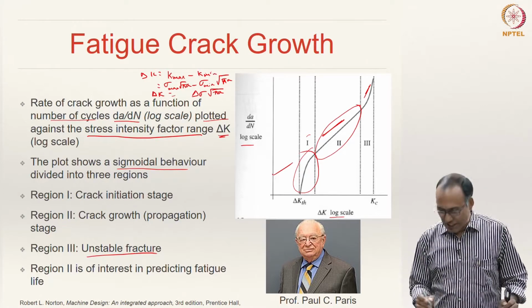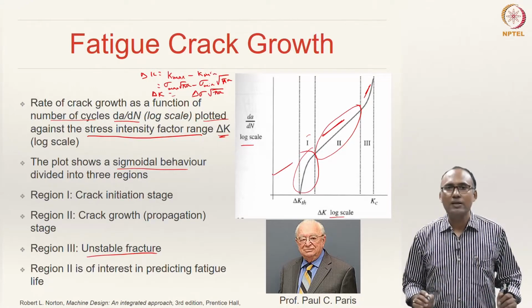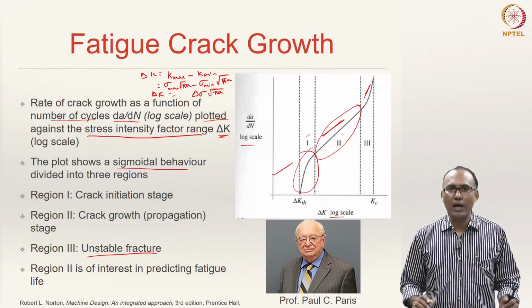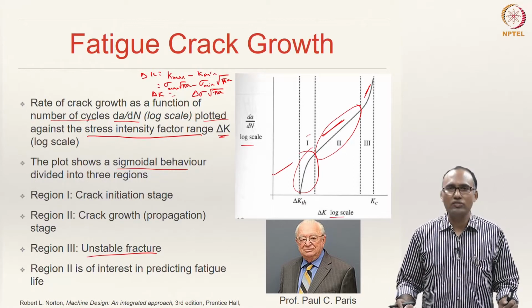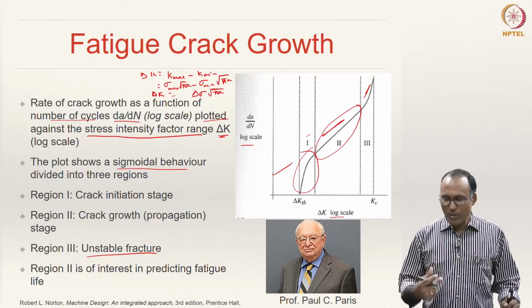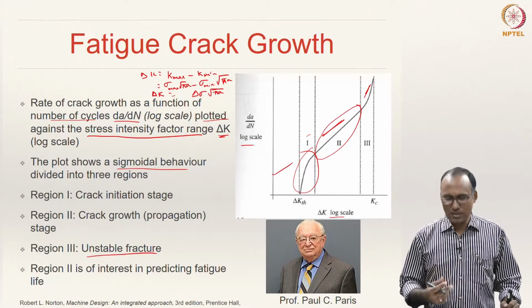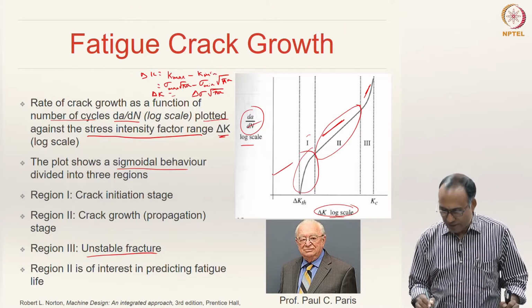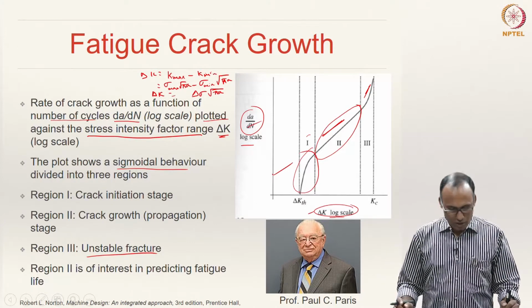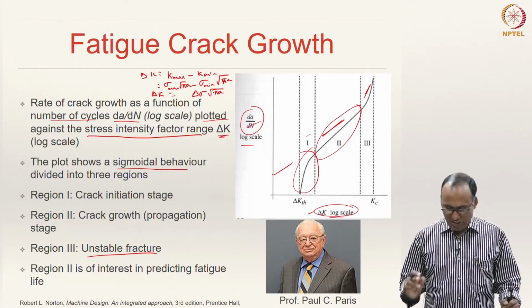So, if you know when stage 2 ends, then you can actually say for how many more cycles you can use the component. This is very important information that one would be able to get by looking at the relation between dA by dN, the crack growth rate, and the stress intensity factor range.